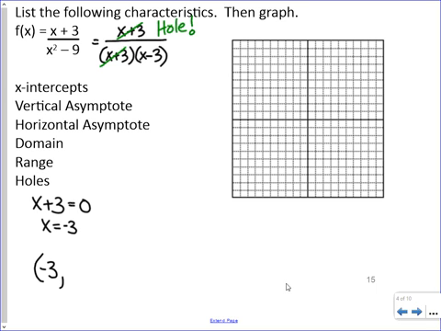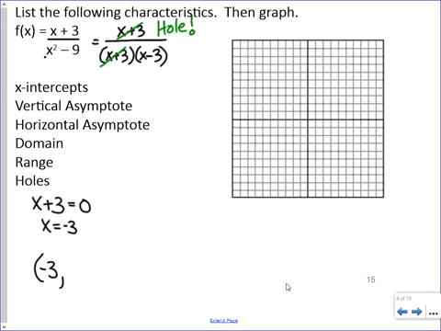Now, to find the y value of the hole, if we were to plug this -3 back into the original equation, what would our numerator be? -3 plus 3, 0. And then what would our denominator be? -3 squared minus 9, 0.